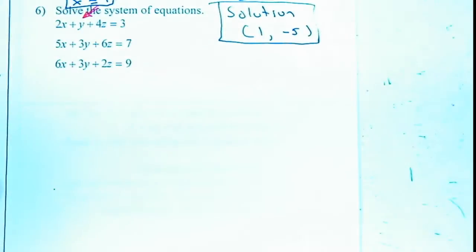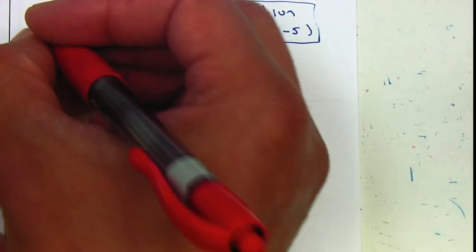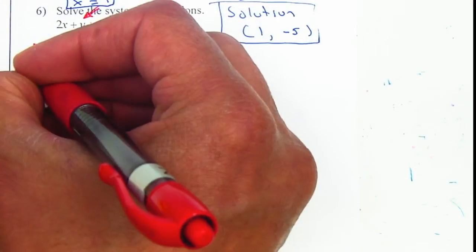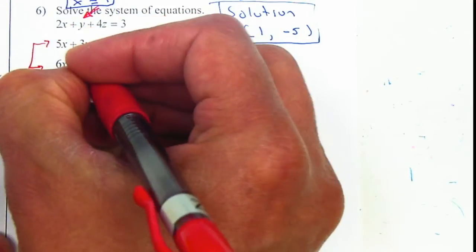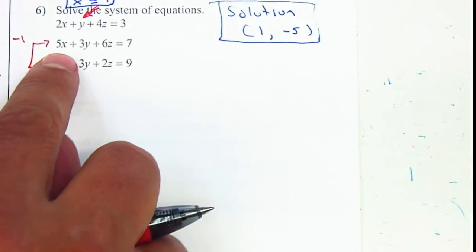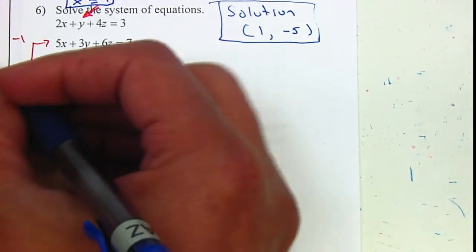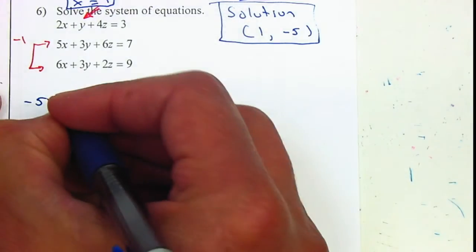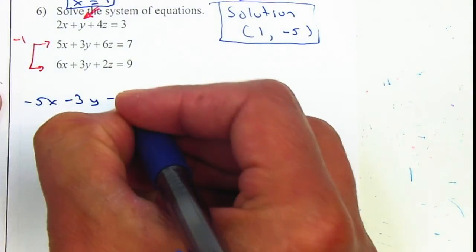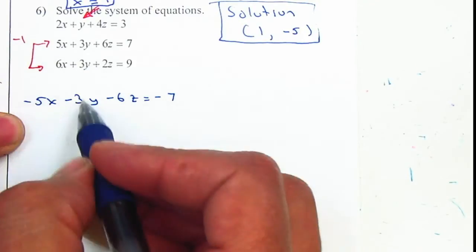I'm going to cancel the y's twice by using 2 different equations each time. So let's see, I'm going to grab the second one and the last one, and I'm going to multiply the second one by -1. Therefore, the y's will cancel out. That gives me -5x minus 3y minus 6z is equal to -7. I double check that I multiplied correctly.